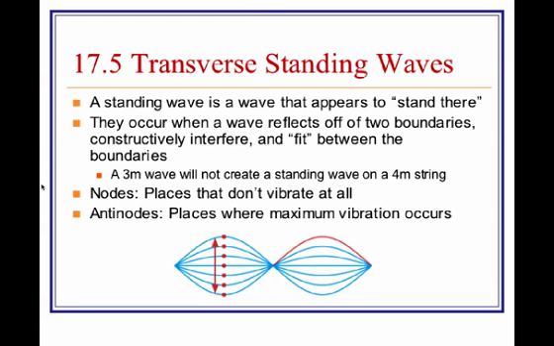The area where the wave is at a maximum amplitude, moving back and forth the most, is called an antinode. The points where the wave doesn't seem to move at all are called nodes. So the node is where the waves don't vibrate, and the antinode is where the wave has maximum vibration.